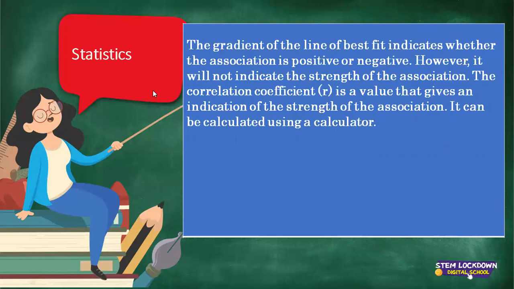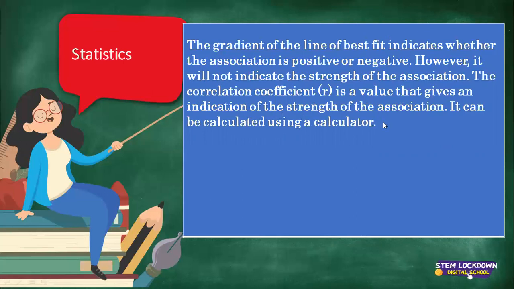So we need to know how to find the correlation coefficient of two variables, and also to comment on the strength of the relationship. The correlation coefficient R is a value that gives an indication of the strength of the association.